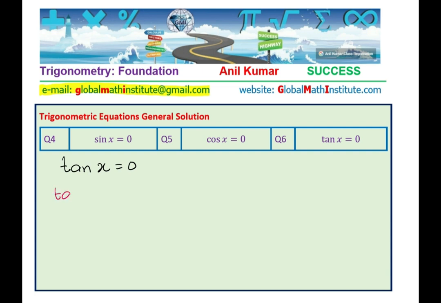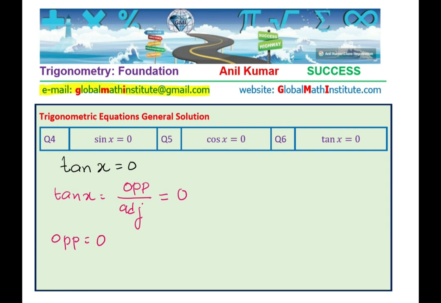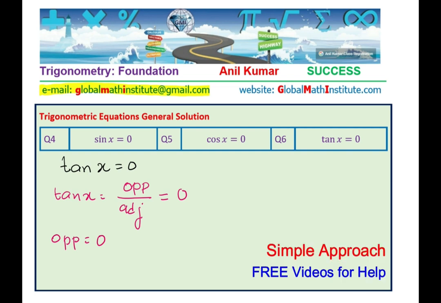Now, tan x equals to 0 means what? Well, we know that tan x is the ratio of opposite side over adjacent side. So, if I want this to be 0, means opposite side equals to 0, which is same as sine, right? Perfect, right? So, as we saw, for sine, we should have the same answer.